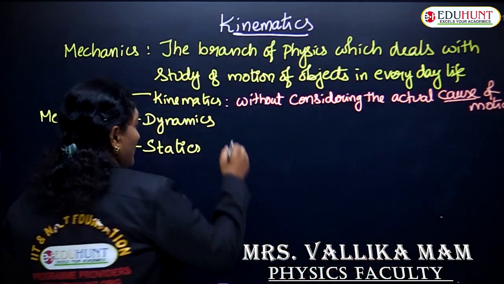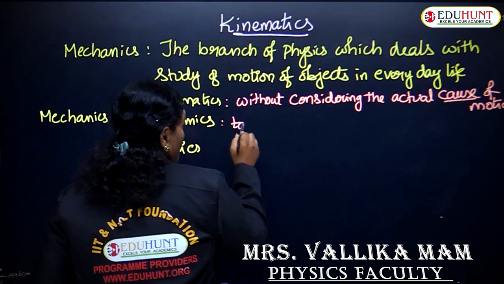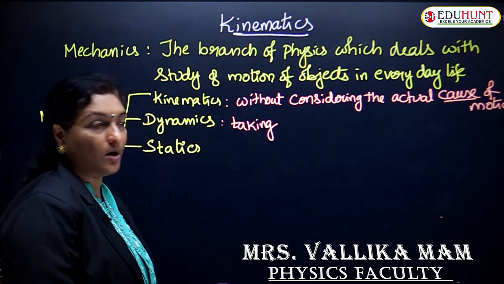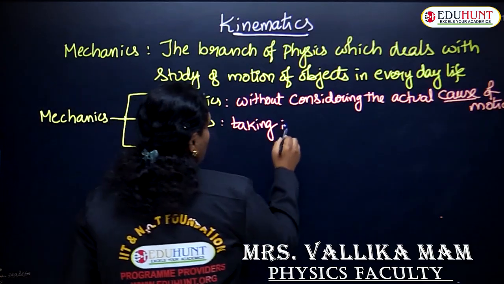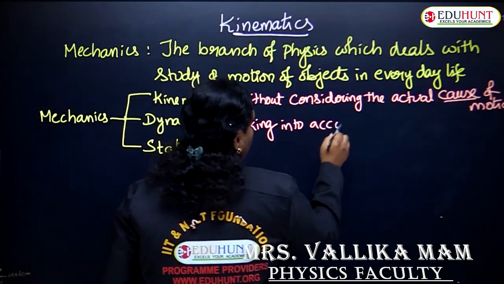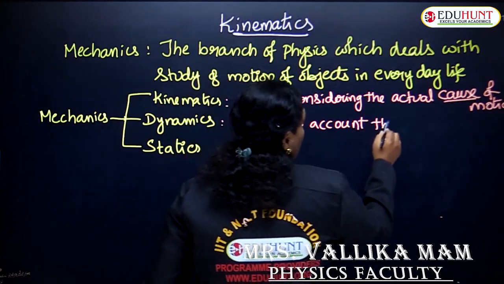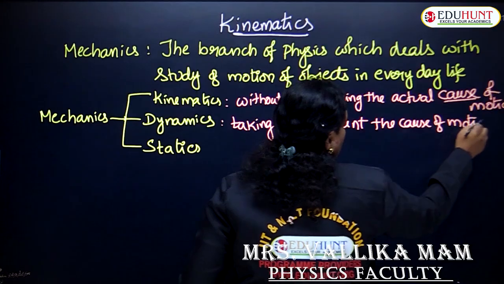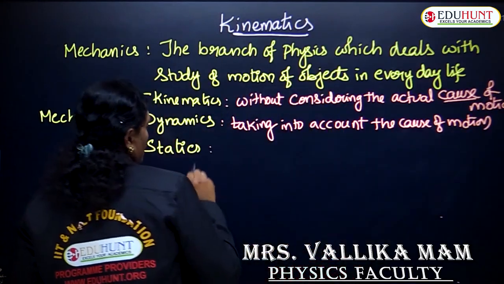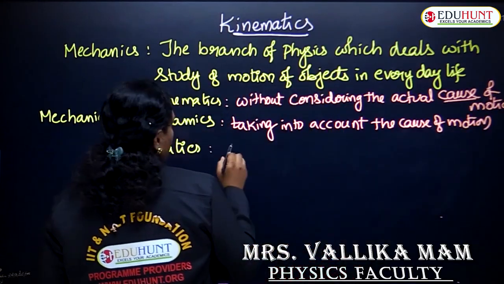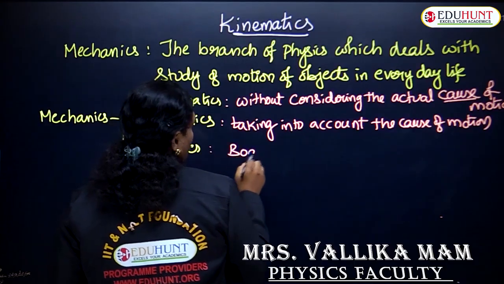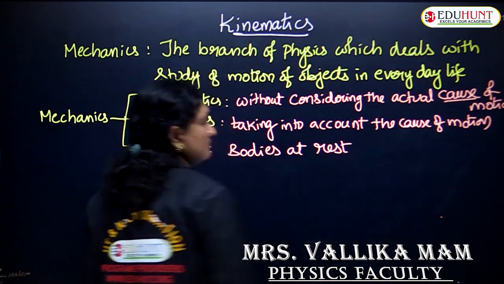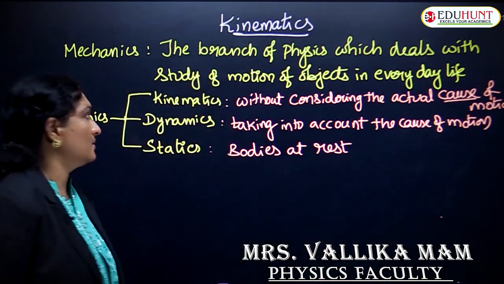And in dynamics, you need to identify because of what cause the body is set into motion, taking into account the cause of motion. And statics means the study of bodies at rest, with respect to a fixed point.